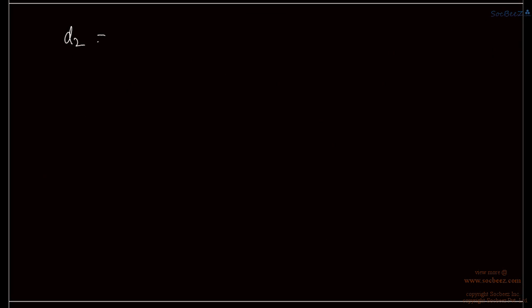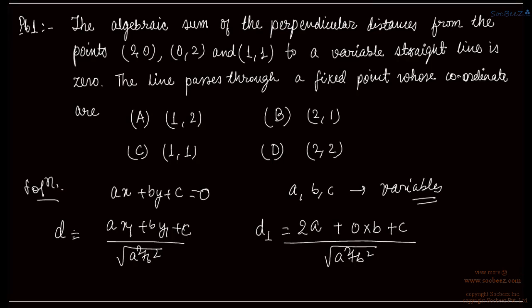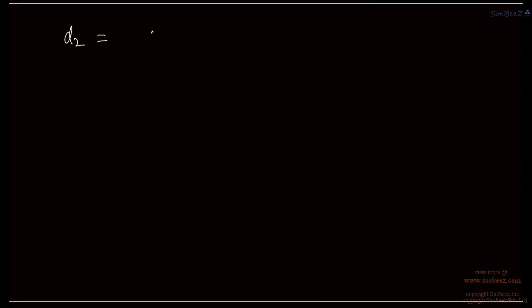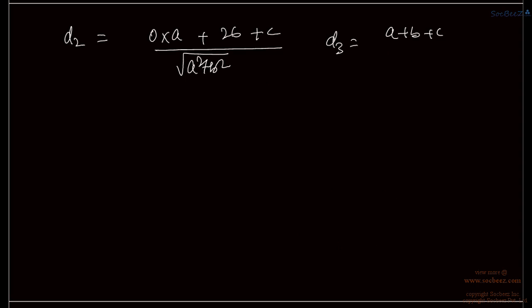We have d2 for the point (0, 2) as (0a plus 2b plus c) upon square root of a square plus b square, and d3 as (a plus b plus c) upon square root of a square plus b square, because this point is (1, 1).